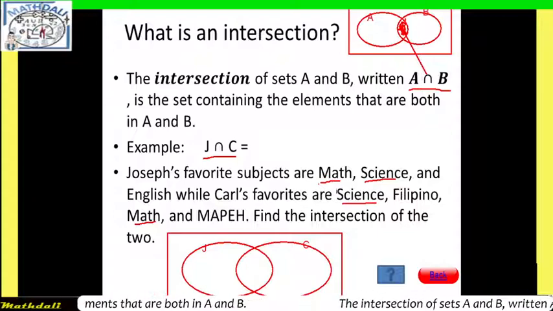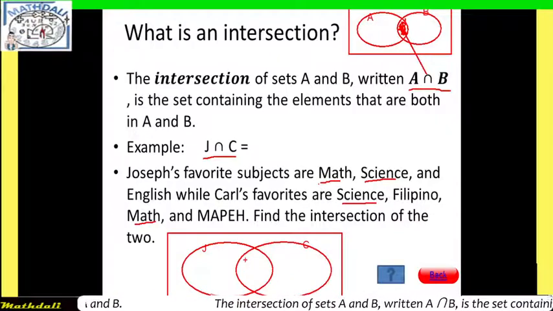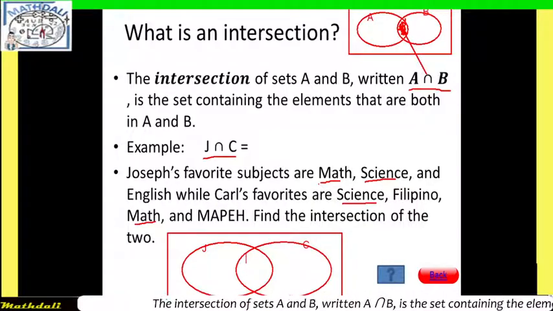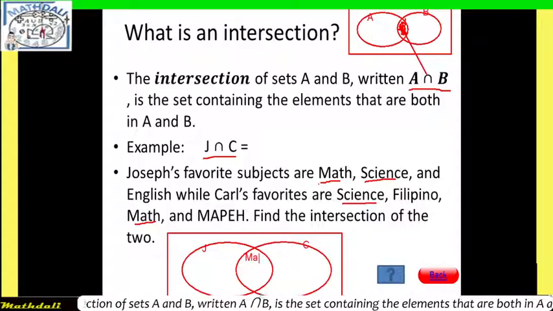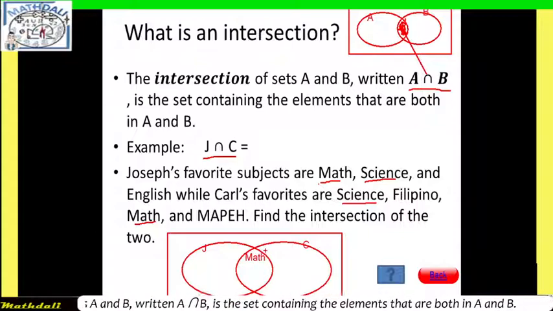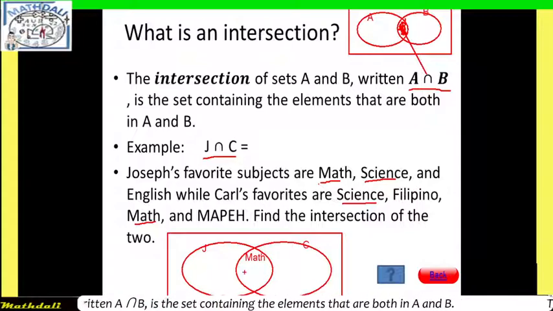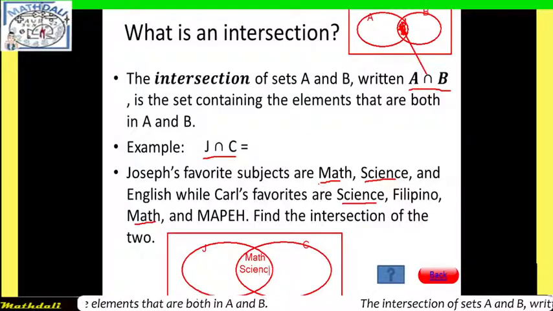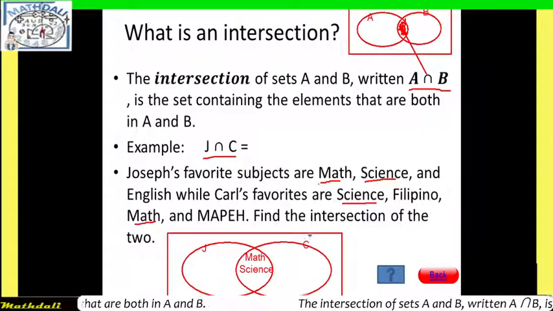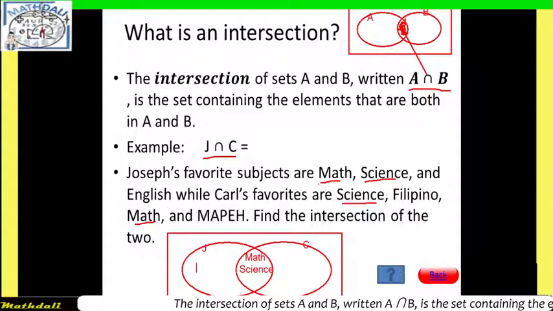Since math ang favorite subject ni Joseph at the same time ni Carl, ilalagay natin siya dito sa intersection. Ito ang math. Ano pa? We also have science. Then we also have English. Ilalagay natin dito ang English.